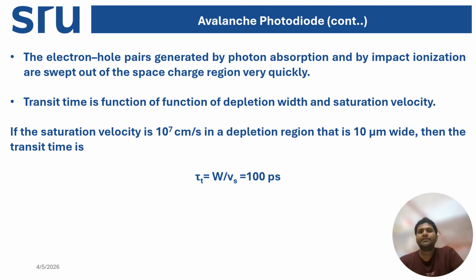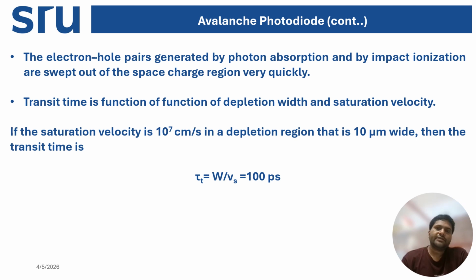Avalanche multiplication or impact ionization: high energy electrons collide with the lattice atoms. This collision creates an additional electron hole pair. This process is called impact ionization. The newly generated carriers again accelerate and collide. A chain reaction occurs. This is called the avalanche effect.